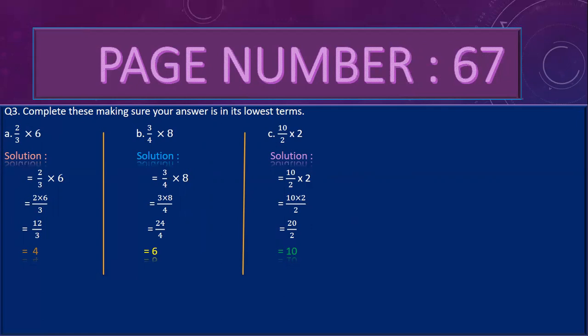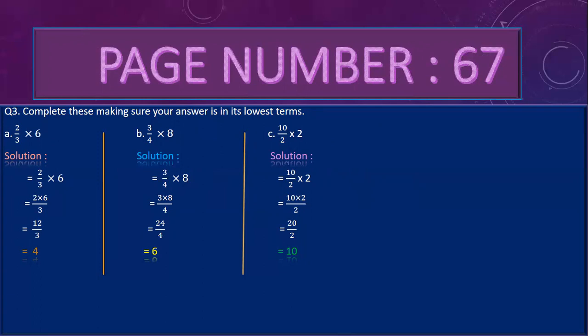We multiply 2 and 6, 12 over 3. And you see that 12 and 3 are both divisible by 3. 3 4s are 12 and 3 1s are 3. Definitely no need to write 1 in the denominator. If you write 4 over 1, it is also correct. 4 over 1 and 4 have the same meaning.